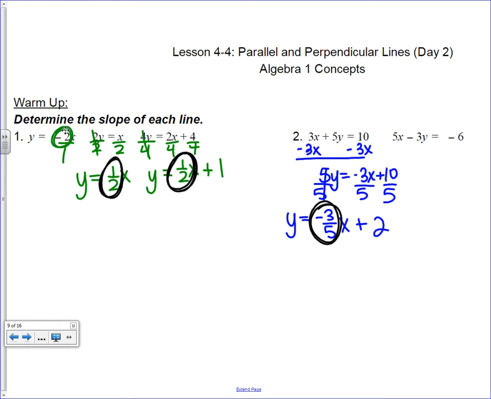Gage, second equation there. How am I going to isolate the y? Subtract what? Yep. So once we do that, those cancel. What's left there, sir? -3y.